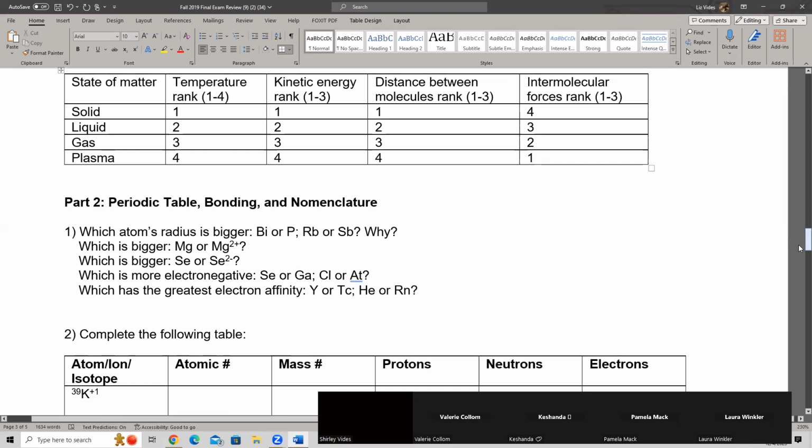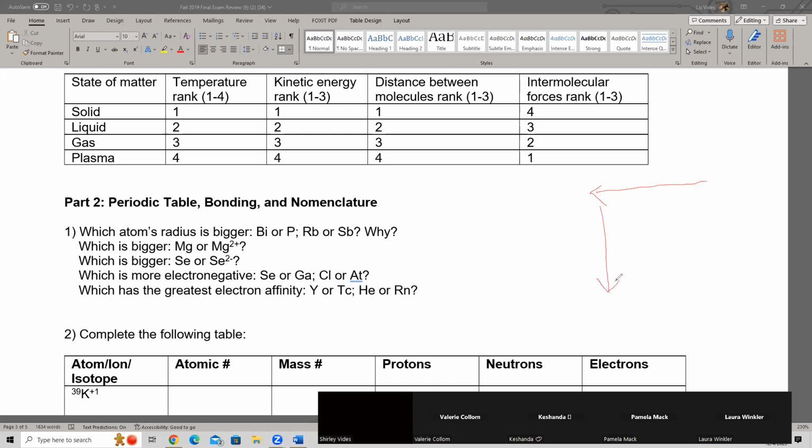All right, periodic table. For this one, we do need a periodic table, which I have in my hand. So let's look at it. Remember, atomic radius increases to the left and down.